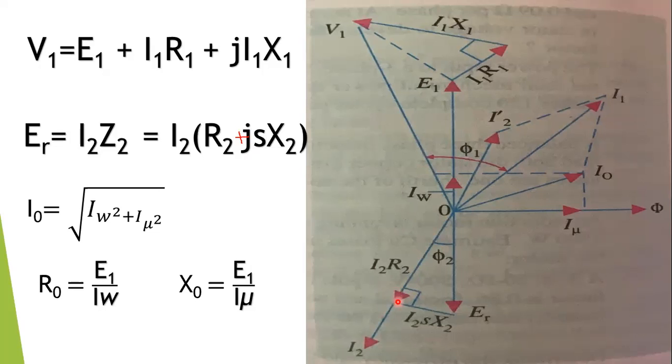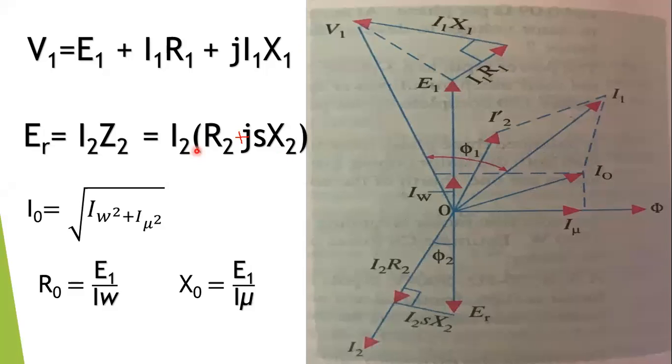I2R2 will be there, and 90 degrees opposite, I2X2 will be there. So to the vector I2R2, I have to add I2X2.